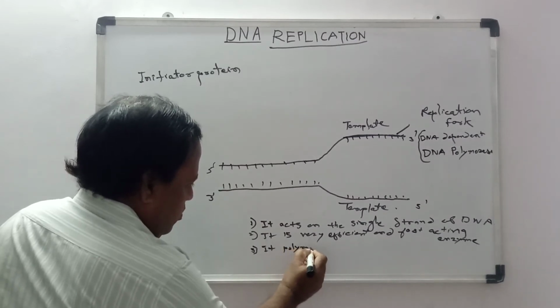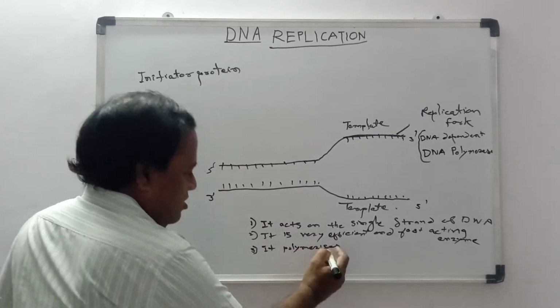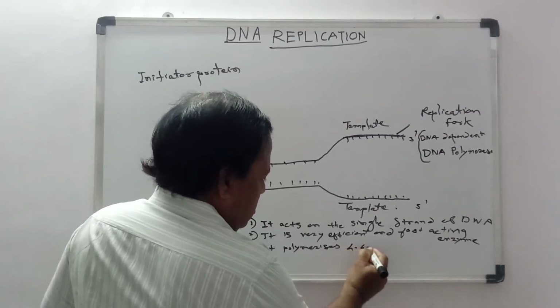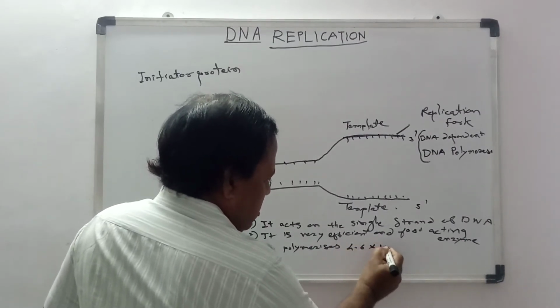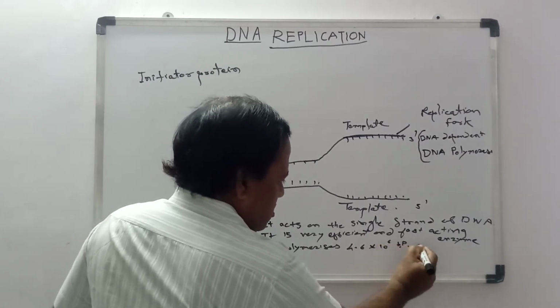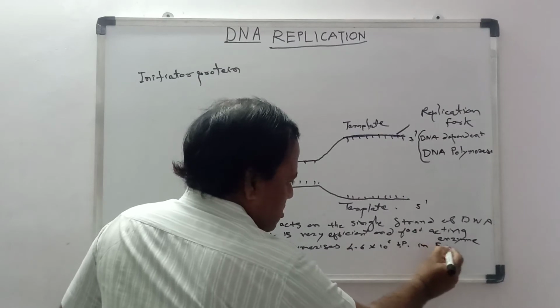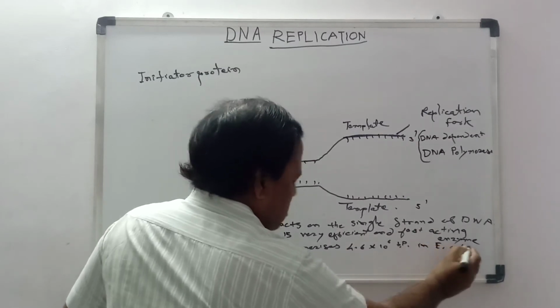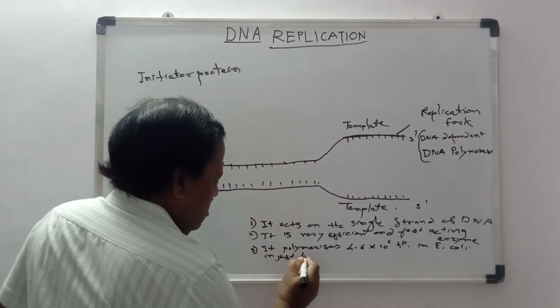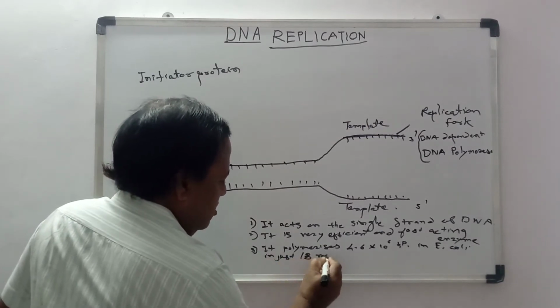It polymerizes 4.6 times 10 to the power 6 base pairs in E. coli in just 18 minutes.